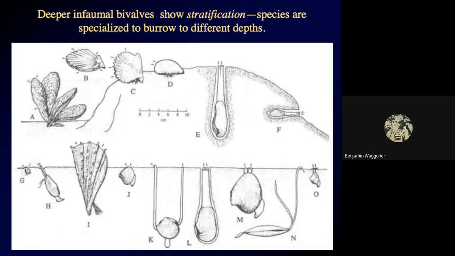Okay, there are clams that can burrow very shallowly, coquinas being an example, but there's also clams on a beach like this that will burrow much more deeply, and species can be specialized to burrow to different depths. There are some that might sit practically on the surface, like scallops. Coquinas would burrow very much more shallowly.